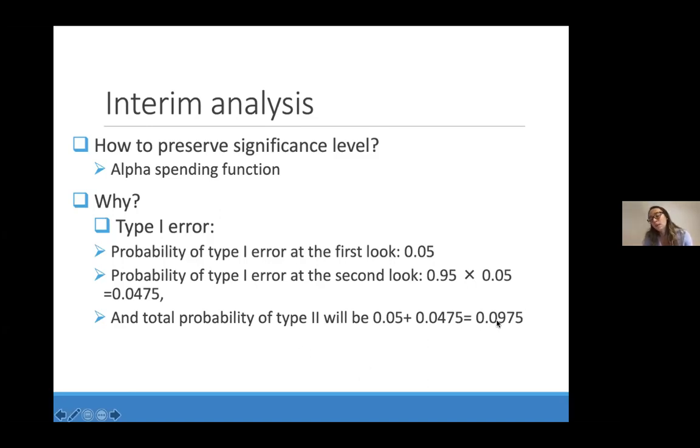So you see that it's not an exponential increasing. Actually, it's not a linear increasing. It's more like an exponential increasing, in the meaning that now instead of having 9% of chance, you're gonna have about 10% of chance to find a positive result when that result does not exist.